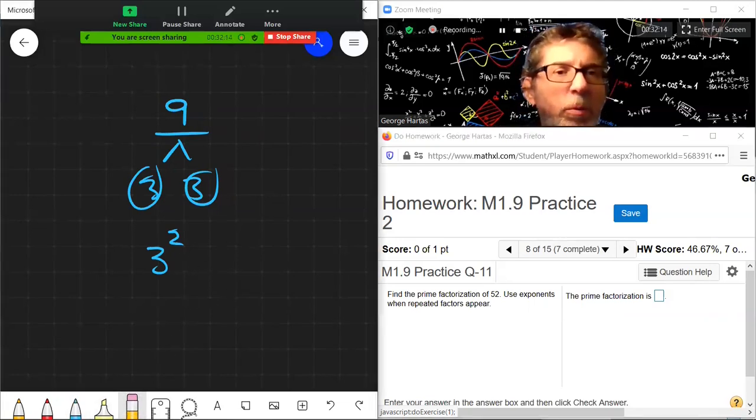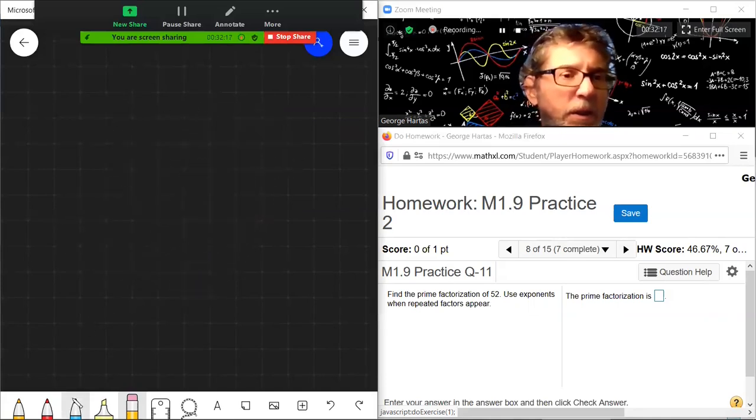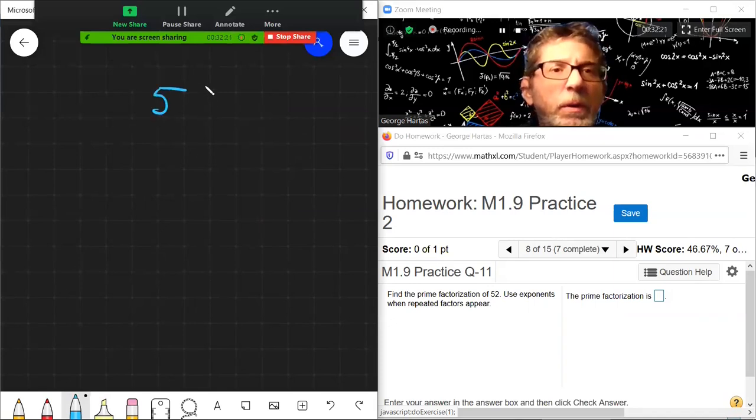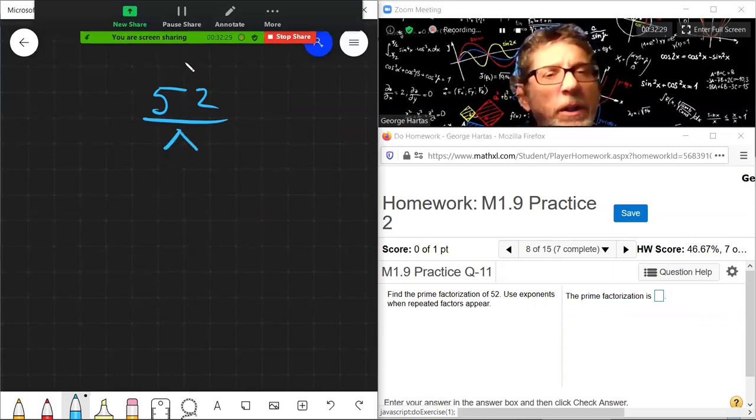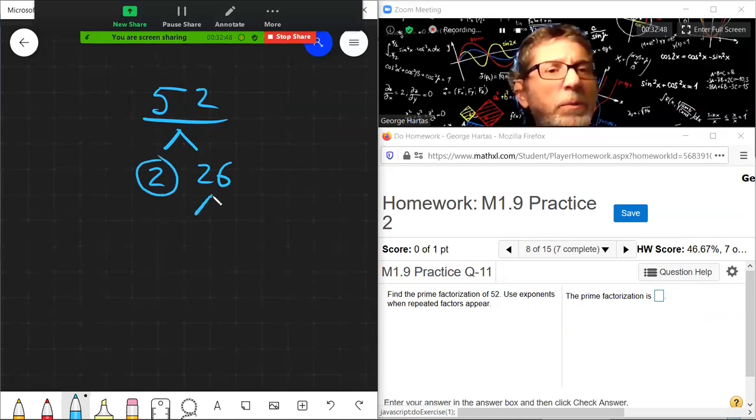All right, so more practice. Find the prime factorization of 52. Use exponents for repeated factors. Let's bang this out. So let's see, 50, right? 25 times 2 is 50, which means that 2 times 26 is 52, right? Yeah. Half of a deck of cards is 26. What times what is 26?